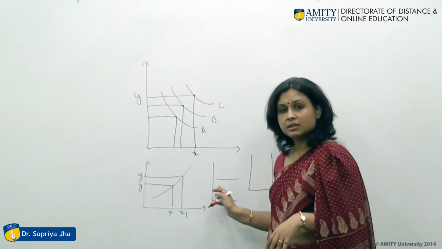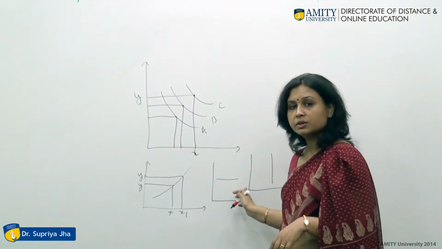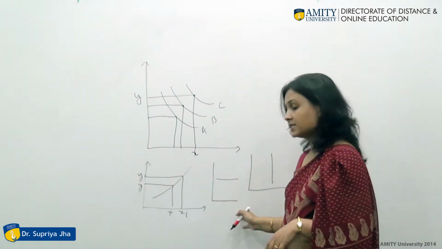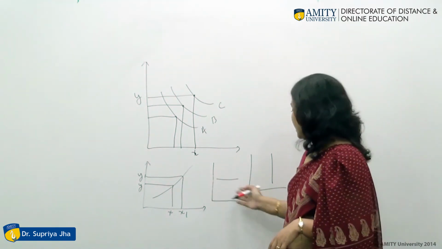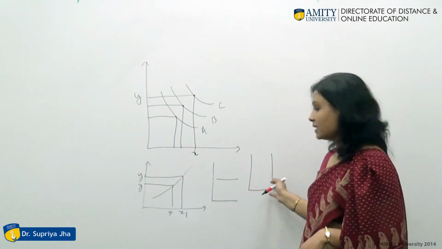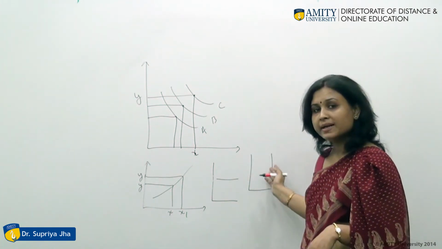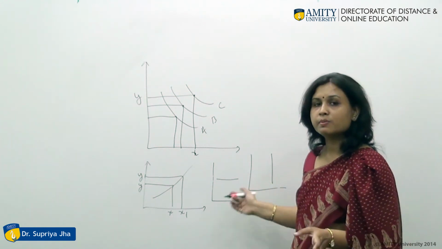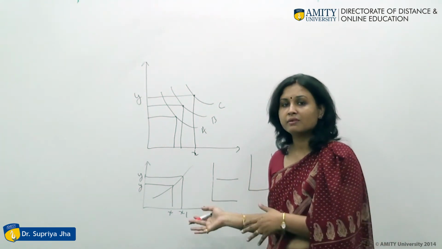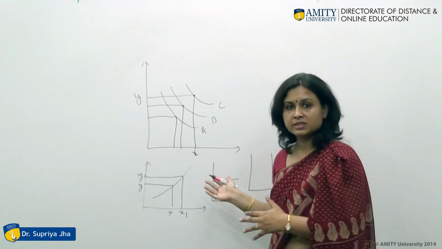A straight horizontal line means the consumer is buying more of X, but Y is constant, Y is not changing. A straight vertical line means the consumer is buying more of Y, but X is not changing, which is not possible. If the consumer is buying more of a particular product, he will have to decrease the amount of the second product.